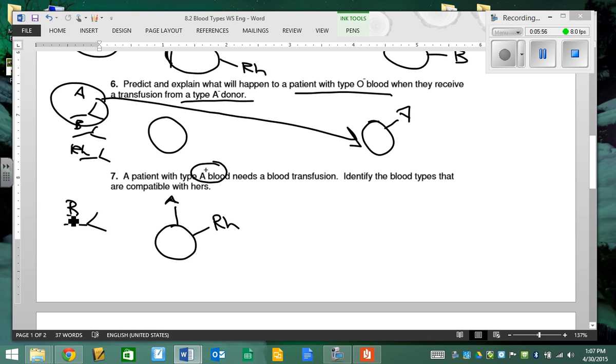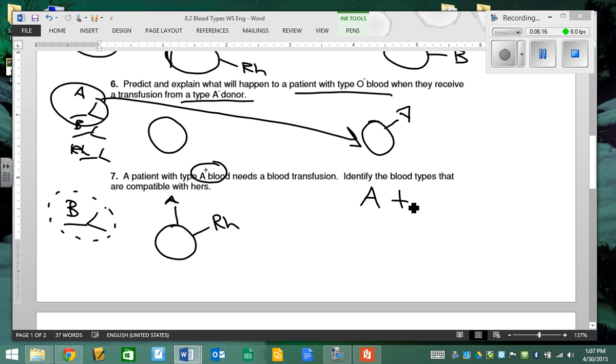So you have B antibodies. So that means this person cannot receive blood that has the B antigen, but they could receive another kind that doesn't. So hopefully you put they could receive A positive blood.